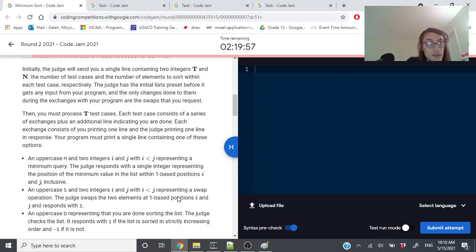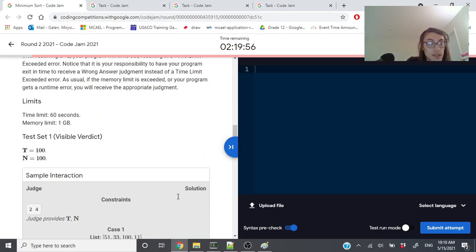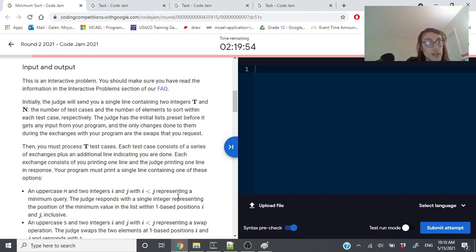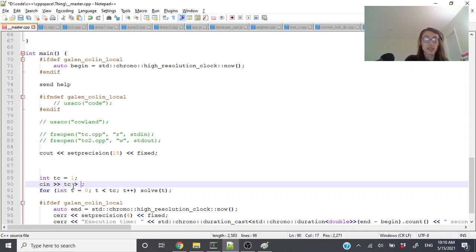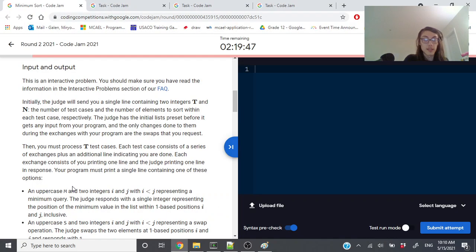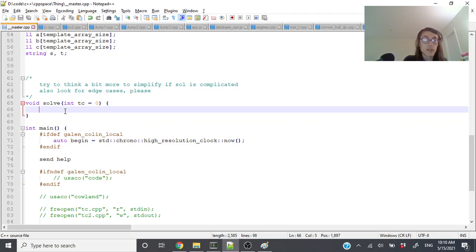Do I need to print the case number? I need to look at this sample. Okay, so it says initially the judge will send you a single line consisting of two integers, t and n. So read in n there. Then yeah, okay.